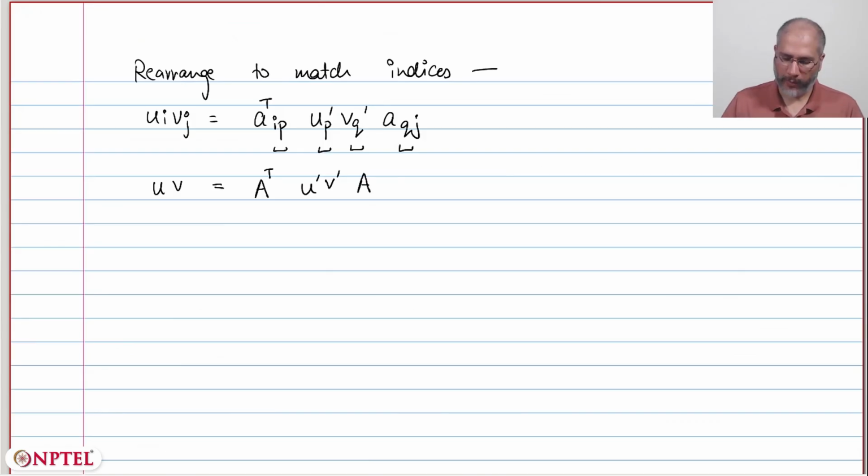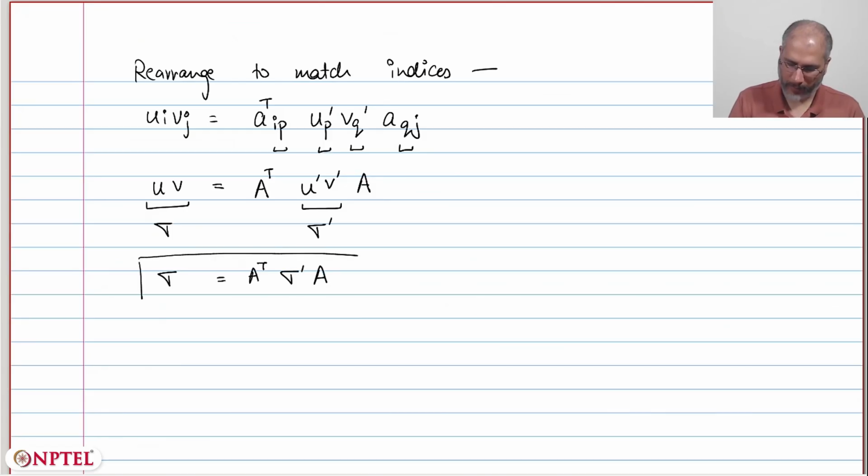And if we write uv as a tensor sigma, then u prime v prime is the prime representation of sigma. So this can be written as sigma equals A transpose sigma prime A. And this indeed is the transformation rule for second order tensors.